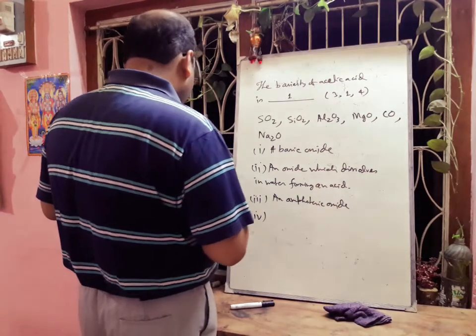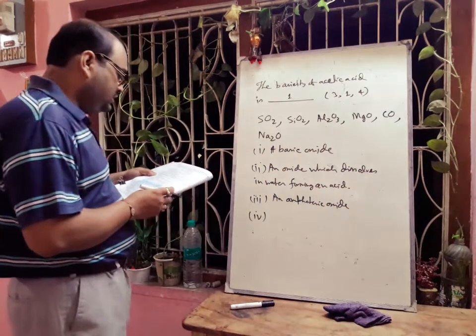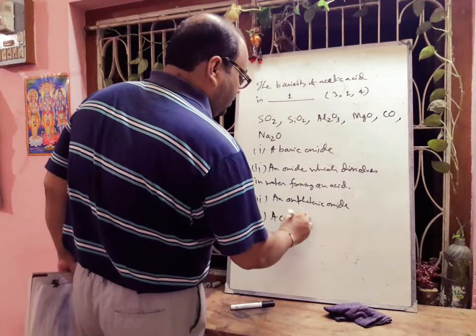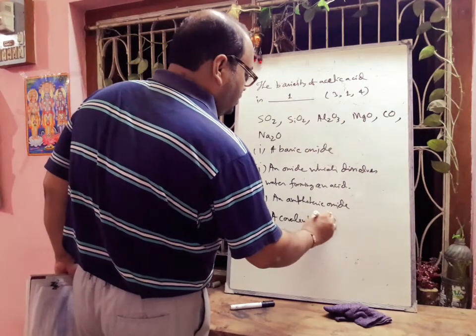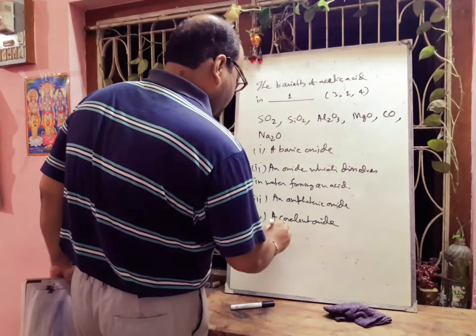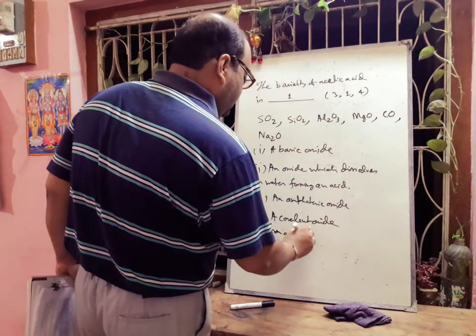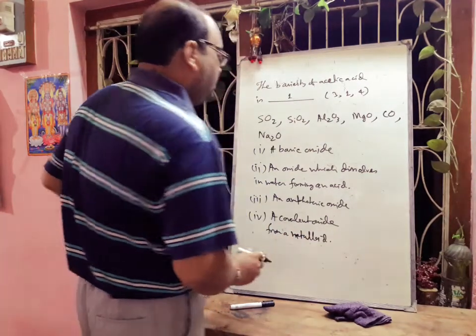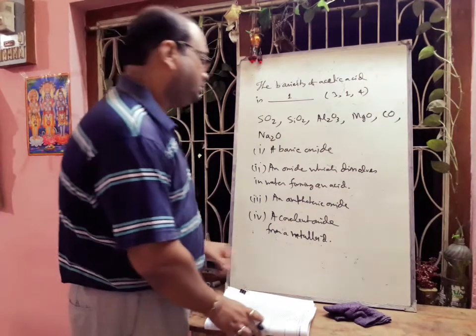Fourth is a covalent oxide of a metalloid. Okay. So what will be your answer?